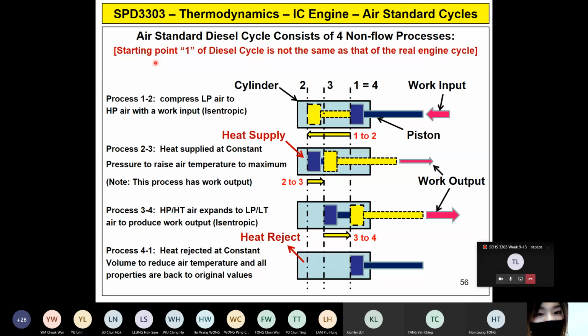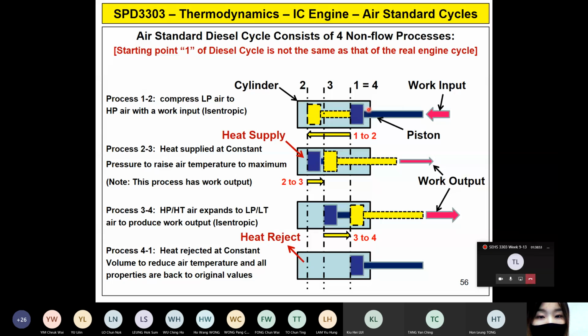The starting point is not the same as the real engine cycle. For a real engine cycle, the starting point is the piston at the top dead center. There is nothing inside our cylinder. That's the starting point of a real engine.